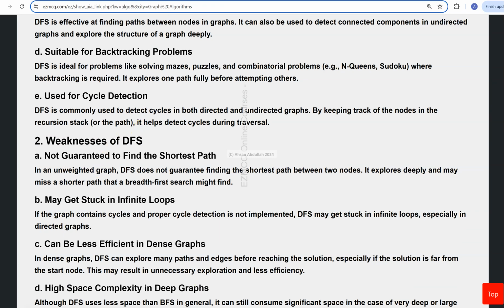So what are the weaknesses? The weaknesses are as follows: it does not guarantee the shortest path between any two nodes. That is not guaranteed. It may miss a shorter path than breadth first search, because breadth first search is more exhaustive, going level by level. It may get into infinite loops for directed graphs, so we have to be careful about when it can be used.